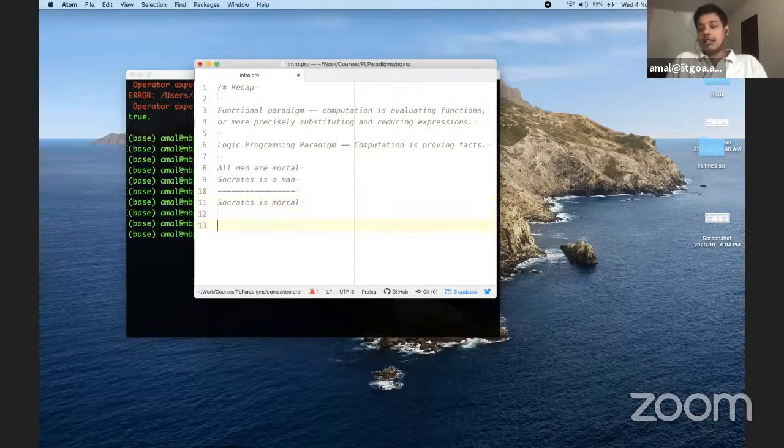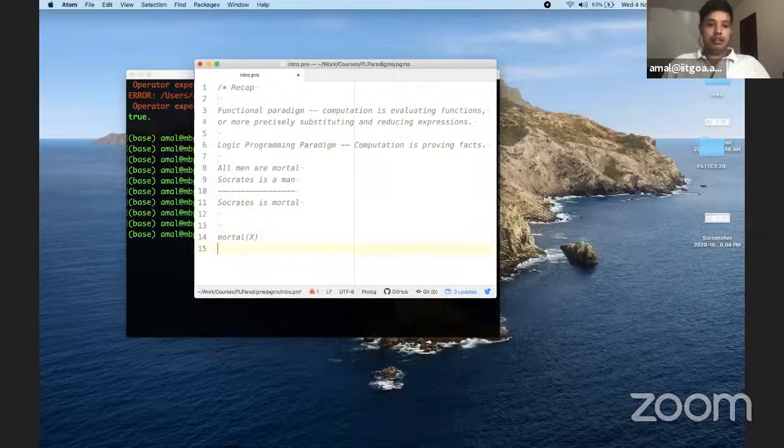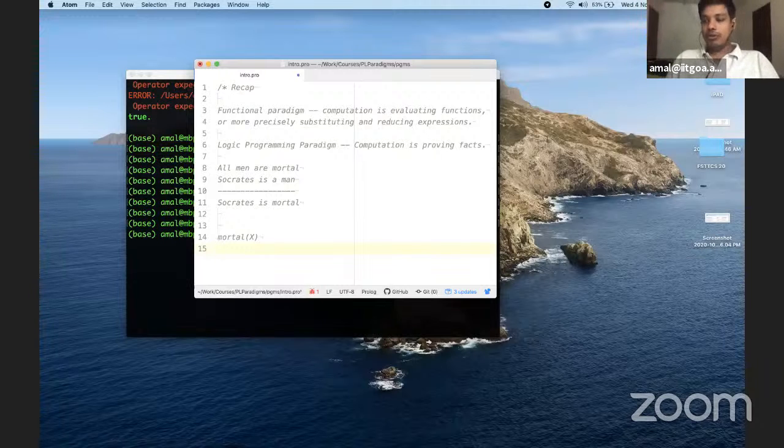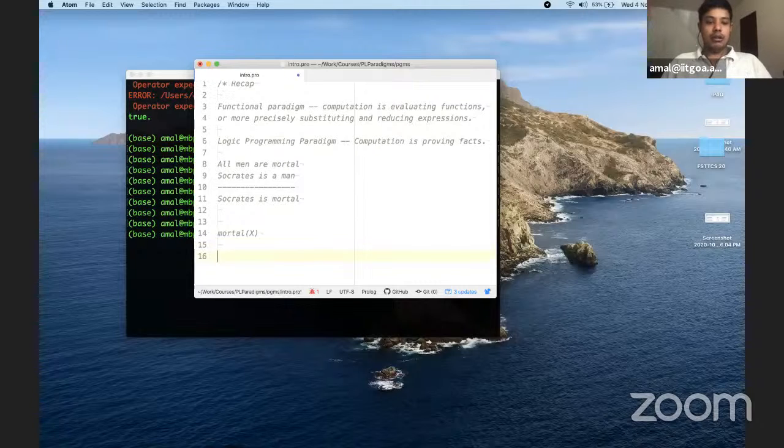Now, basically that's computation. If I want to compute who is mortal, I ask my system, instead of asking who is mortal, I say mortal of X, and now find me X. Then it will go back and compute mortal of X from the given facts.